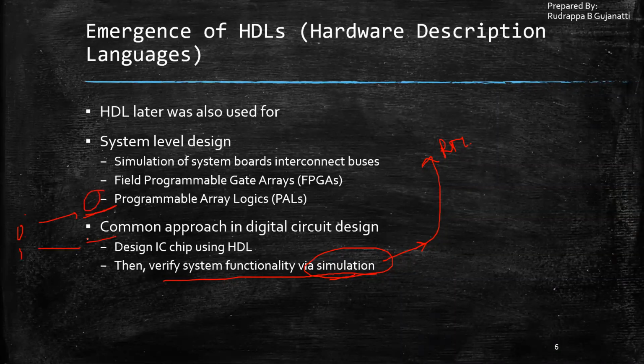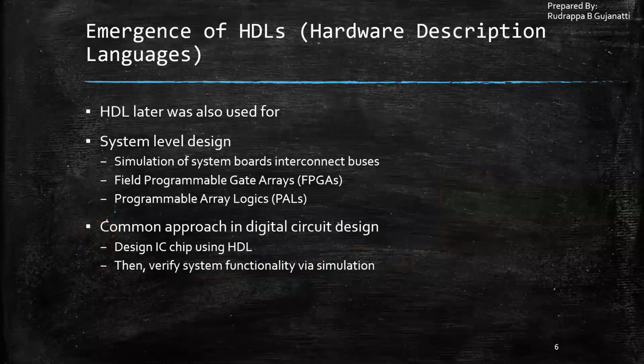Suppose you are not getting these values, so some mistakes might be there. What you can do is go back and see what mistakes are present over here or in your previous stage, then rectify, come back and simulate it again until you get the intended functionality. All these things you will be doing in HDL.